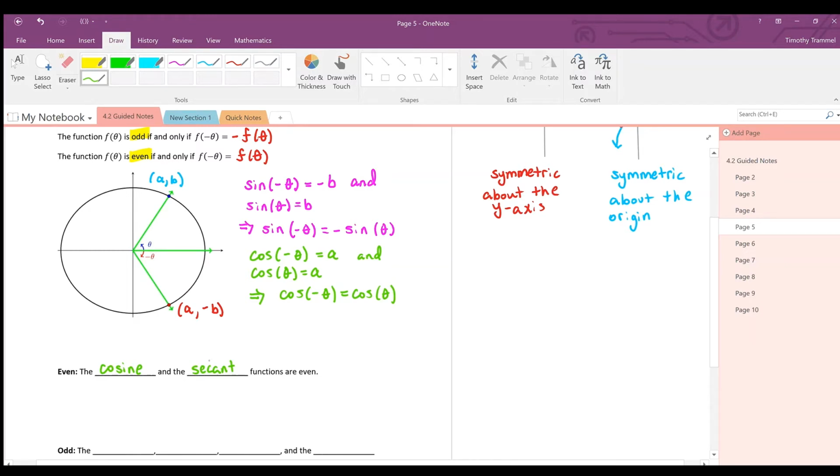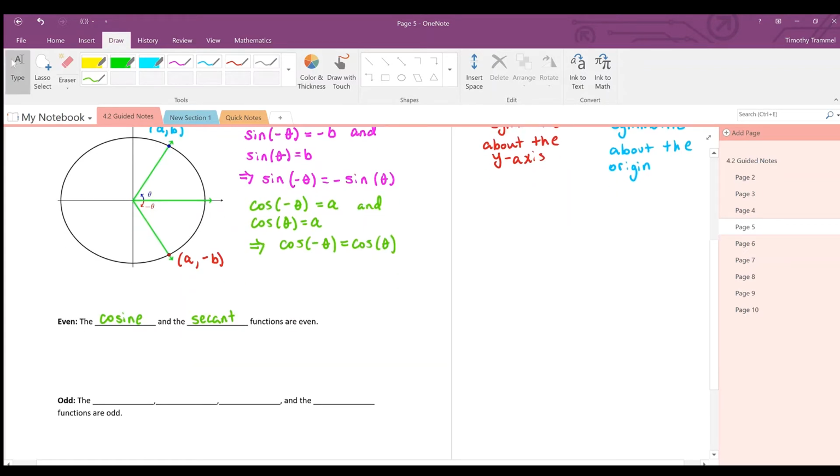Another way to think about it is if you were to do 1 over cosine, you're doing 1 over an even function. And in fact, 1 is also an even function. So you have an even function over an even function, which will result in an even function.